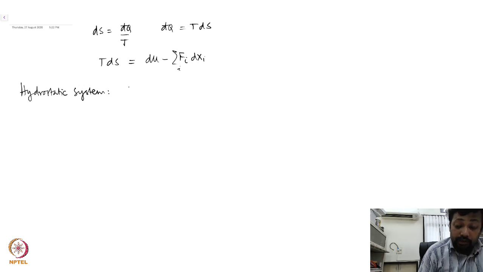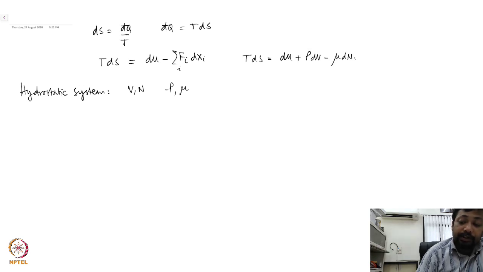My generalized coordinates were V and N, and my generalized forces were minus P and mu. And therefore, your first law takes the form T dS equals dU plus P dV minus mu dN. Once you have this, of course, now the whole of thermodynamics is mostly done.